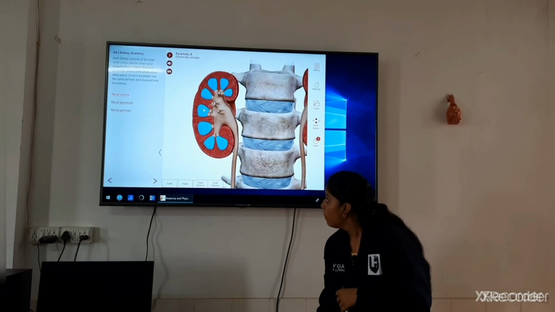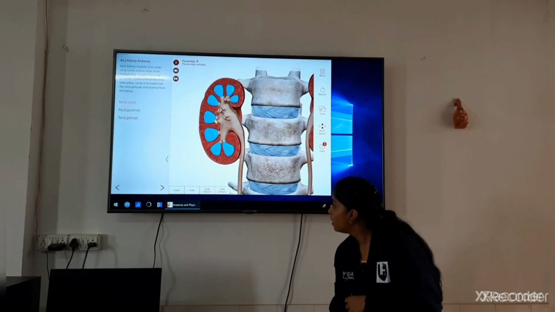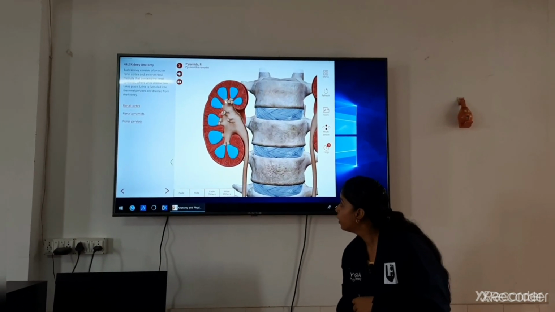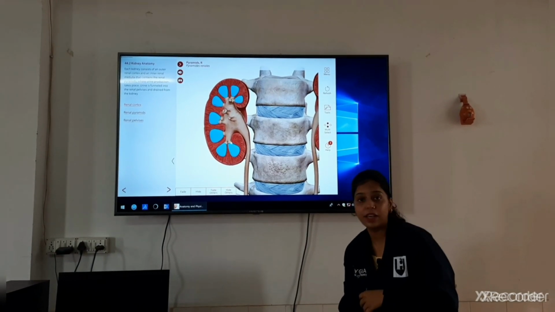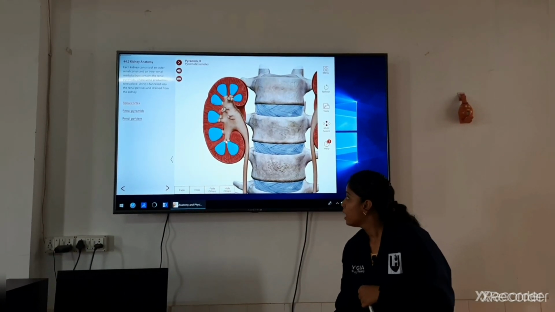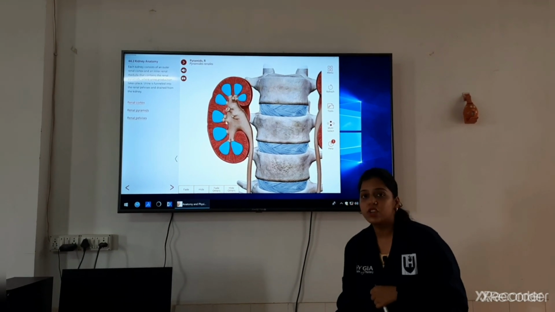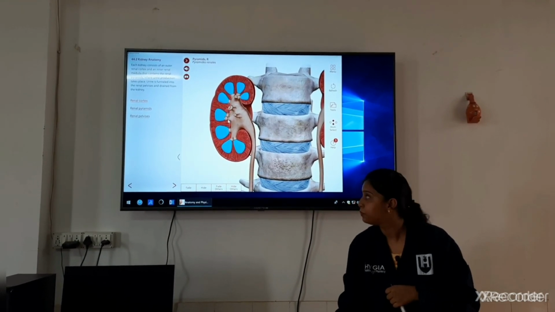So basically, after this pyramidal-like structure, you will find cup-like structures located at the base of each pyramid. These are referred to as the major as well as minor calyx.